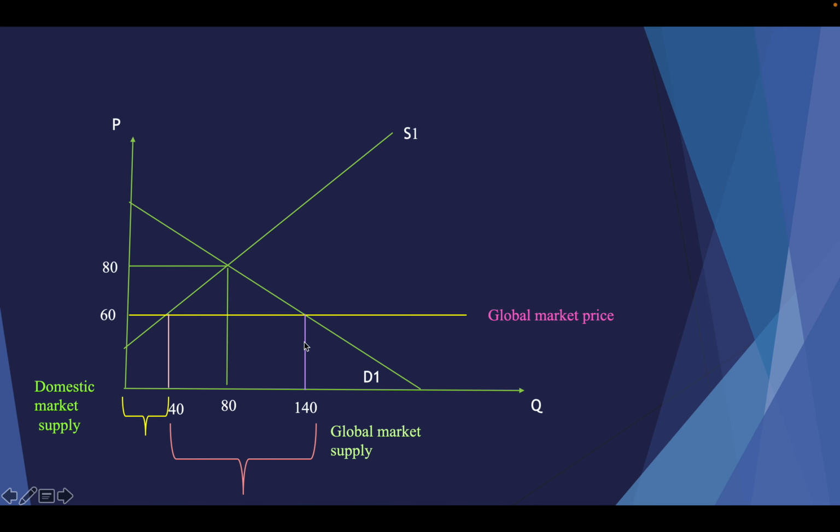Then you have to find the domestic market supply. This is your supply curve, and the supply curve intersects the 60 market price here. At that point we have to find the quantity, and the demand curve intersects the price 60 here, and that is the quantity demanded.